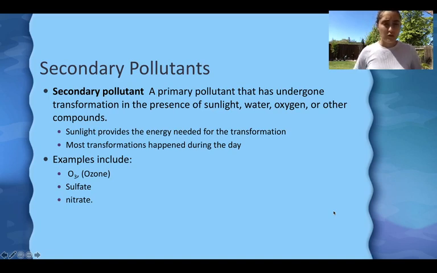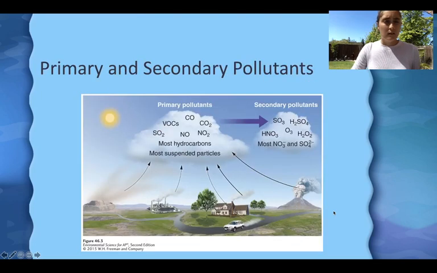Things that are considered secondary pollutants are ozone, sulfates, and nitrates, and we already kind of talked about all those. So here's an example of our primary pollutants that we just talked about: SO2, NO, NO2, CO2, CO, hydrocarbons, VOCs, things like that. And then some secondary pollutants that come as a result of those primary pollutants interacting with sunlight.